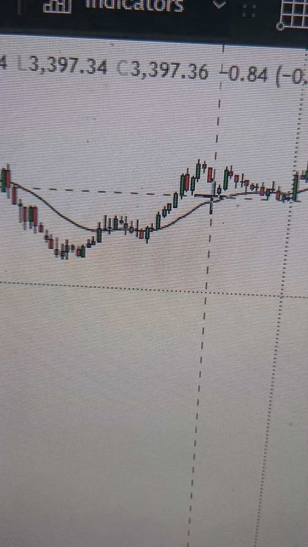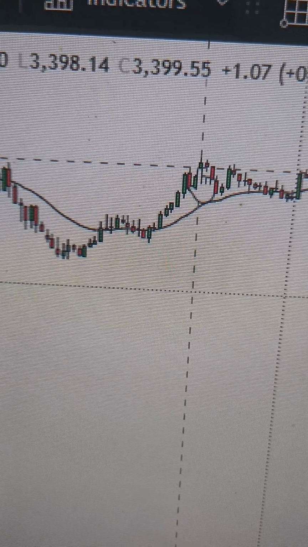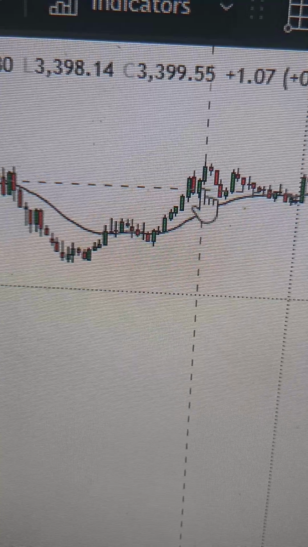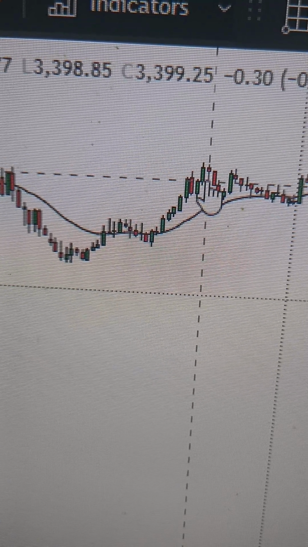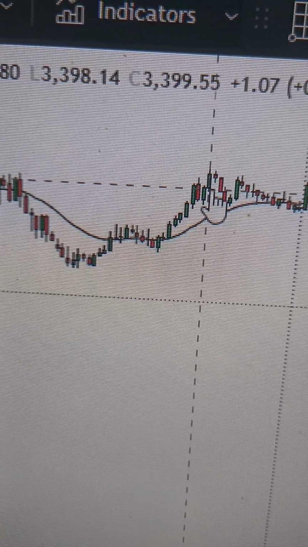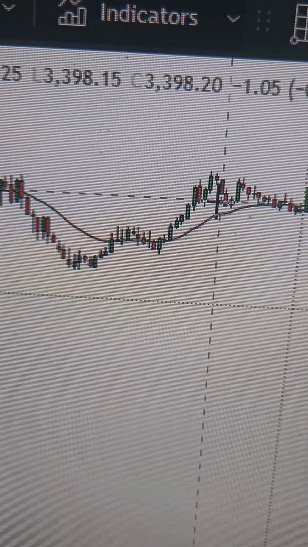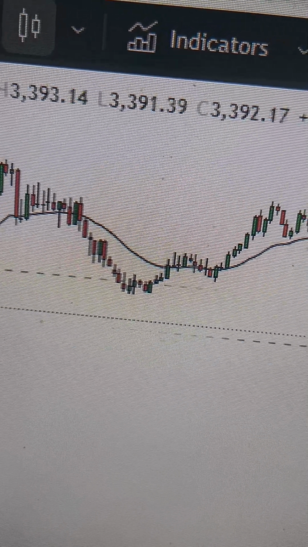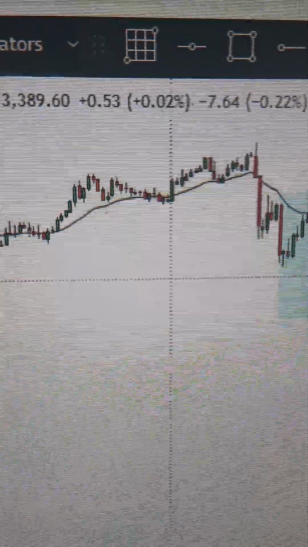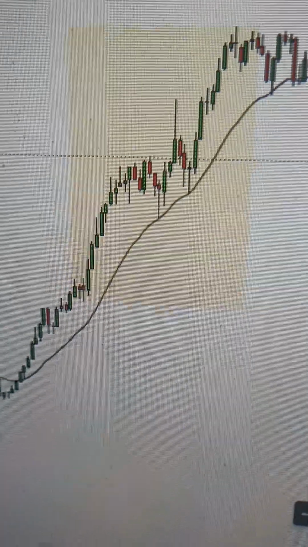What we can consider a pullback is this one, because it went below the bullish momentum. That is what I want to see. For me to consider something a pullback, I need it to do that.